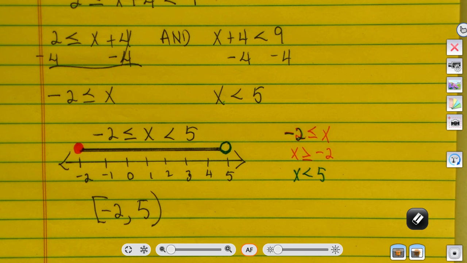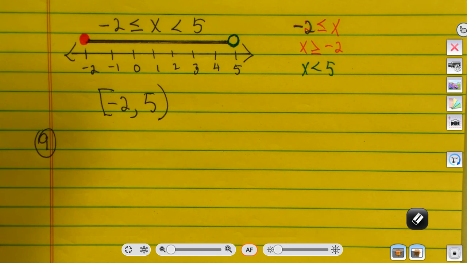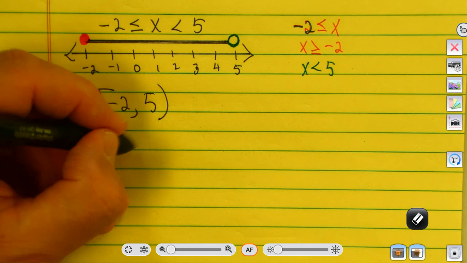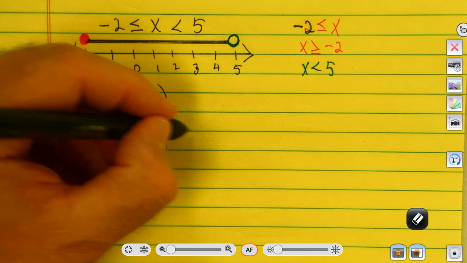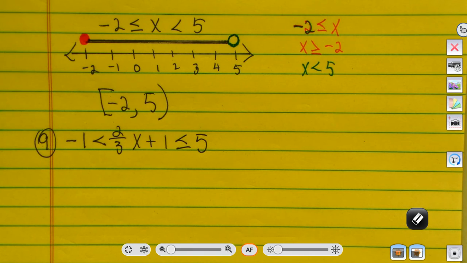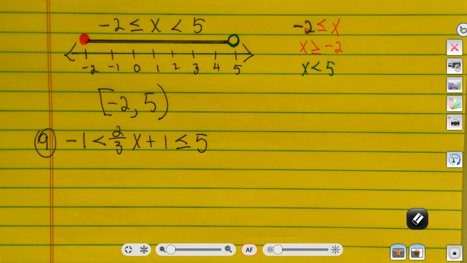We'll look at just one last example today in the examples we've had of compound inequalities. All right, so if you would write down this one, number 9. I've got -1 is less than 2/3 x plus 1, which is less than or equal to 5.